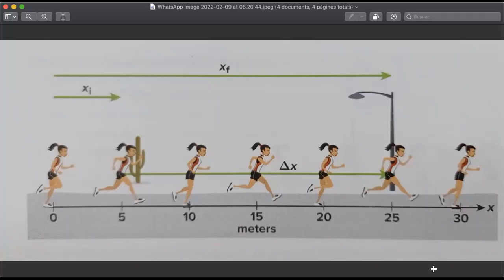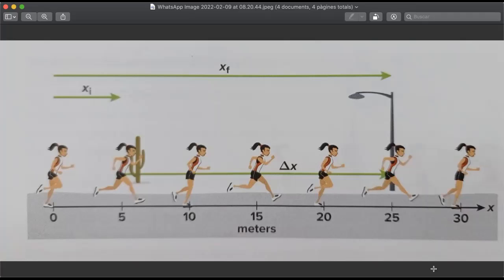So delta x represents the change in position from the cactus to the lamppost. If I want to calculate the change in position from the origin to the lamppost, for example, of course, initial x will be 0, right?